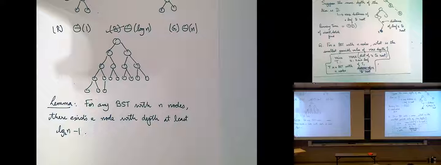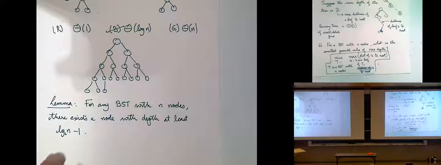And in the balanced binary search tree, the depths are at most log n. So this log function appears as the limit of a binary search tree, meaning that the best binary search tree that you can hope for has an insert, delete, and find of log n. Does that make sense?